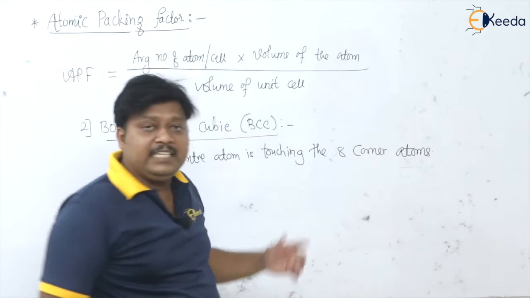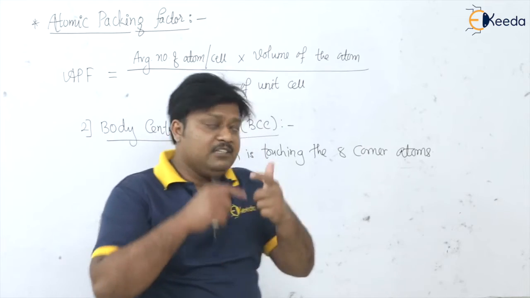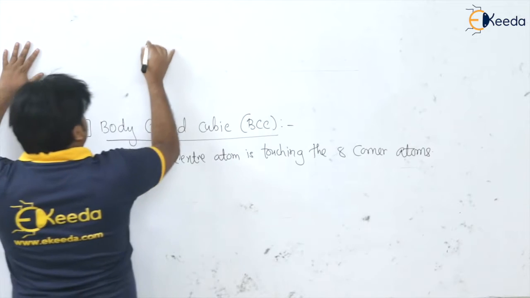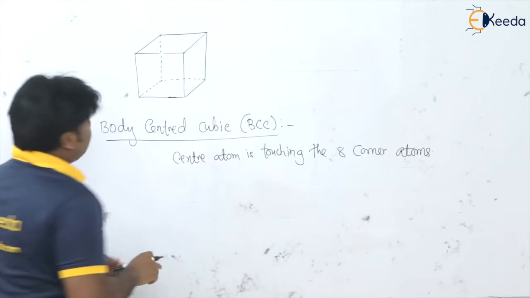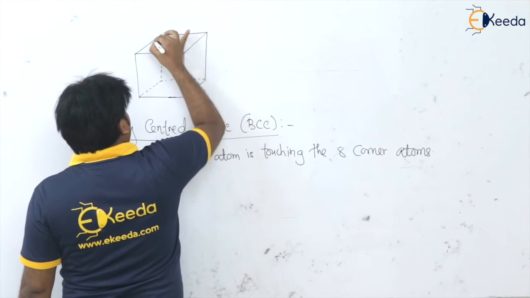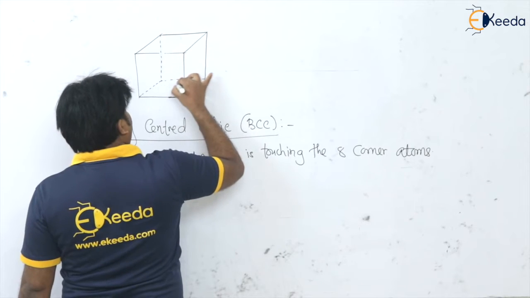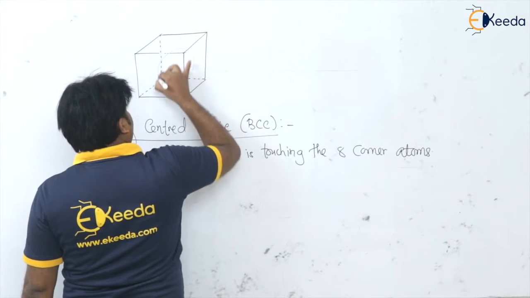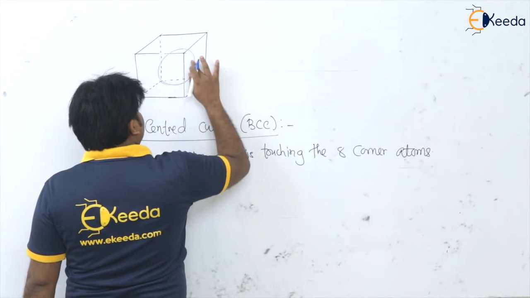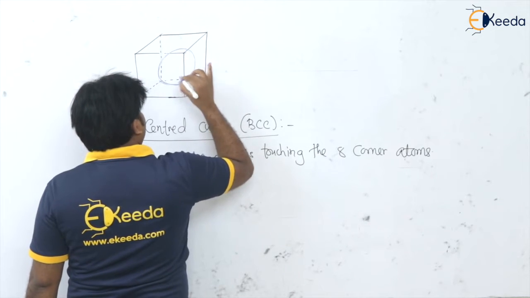So the interior atom, one complete atom inside the unit cell at the body center, it will touch the 8 corner atoms. So we can have here this. So this is unit cell, and so this is the interior atom, body centered atom, isn't it?